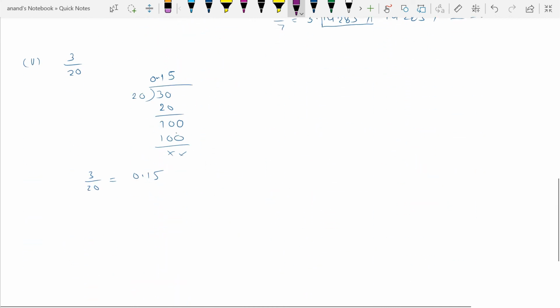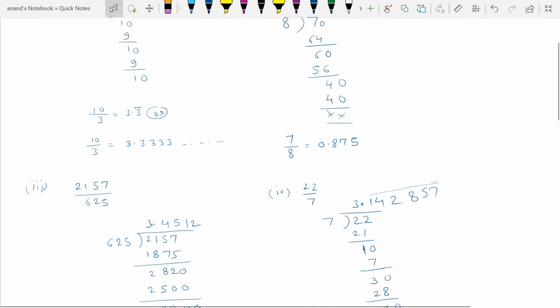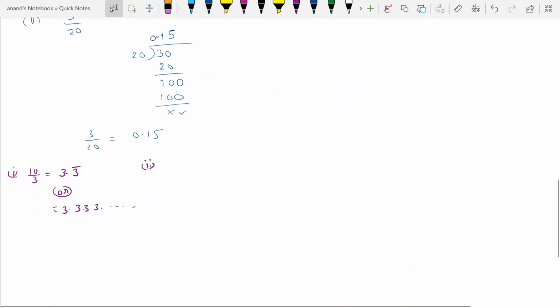The first case was 10 by 3, we got 3.3 bar, or 3.33 again and again, which is being repeated. In the second example we have obtained 7 by 8 as 0.875.